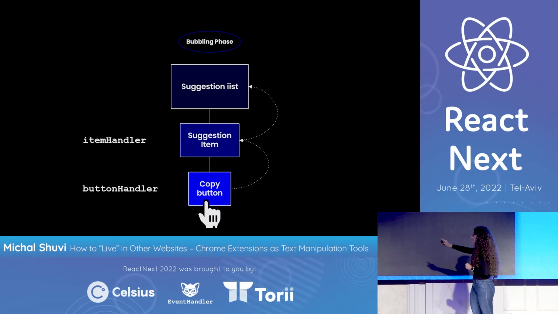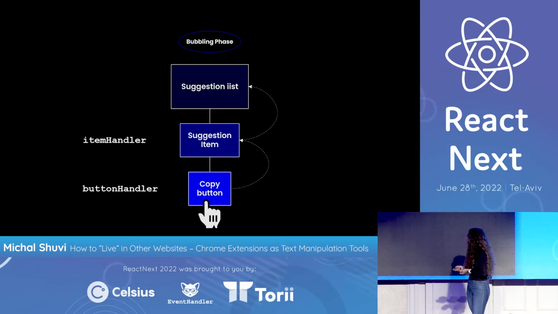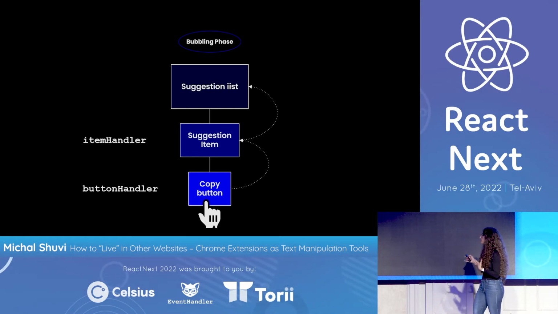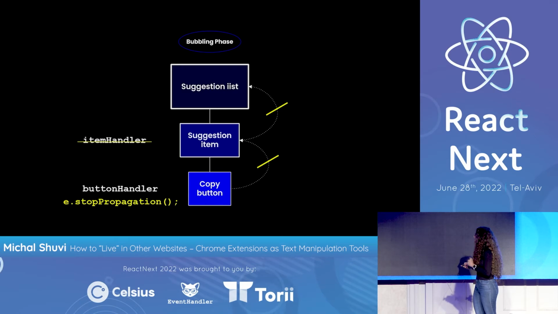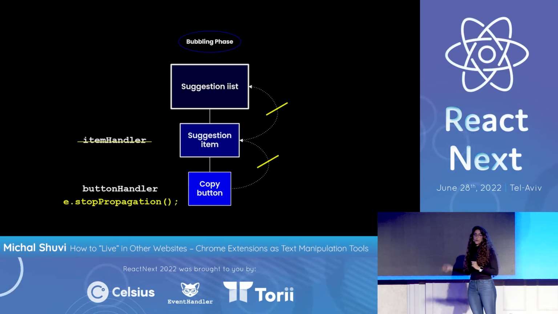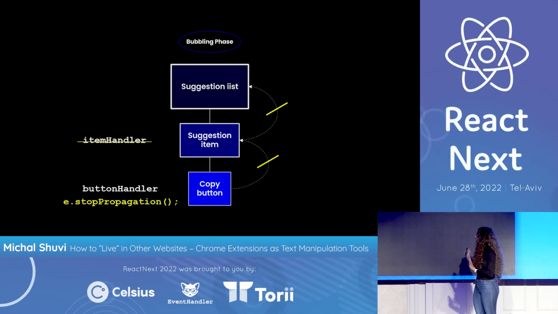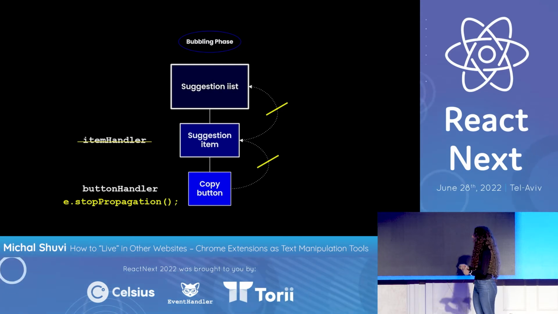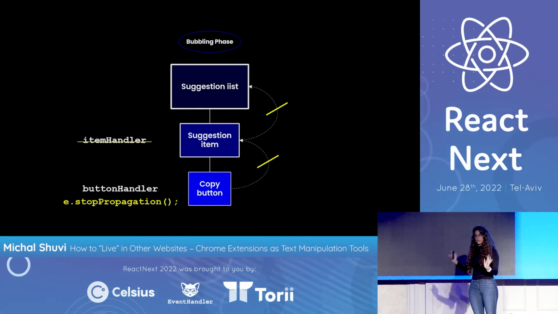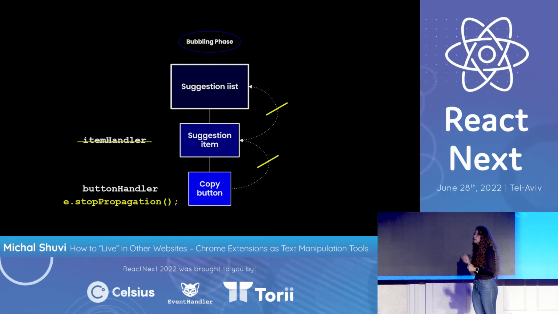So clicking on the copy button, the event will keep the bubbling phase and go up, but we don't want it. We don't want the event handler to run. So again, we need to use stopPropagation and not let the event handler run. The event didn't happen, and that can cause us problems, but for our goal, it's what we need.